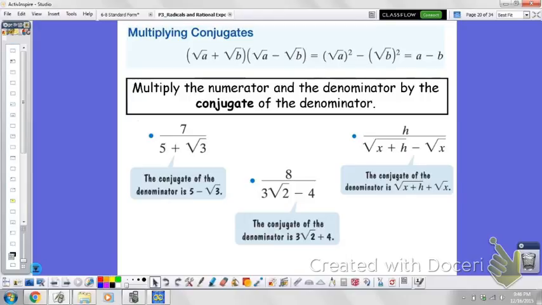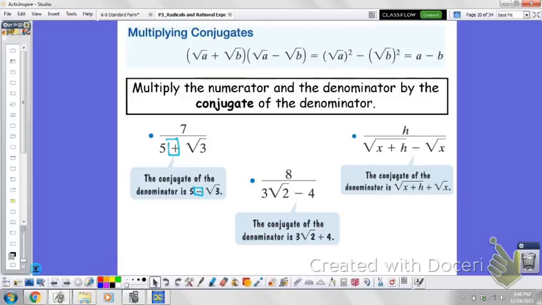Well, we do that by multiplying the conjugate. And all the conjugate is I take this sign, instead of a positive, I make it a negative. So I multiply 7 over 5 plus root 3 by 5 minus root 3 over 5 minus root 3. You'll see in the examples what's going to happen when we do that.